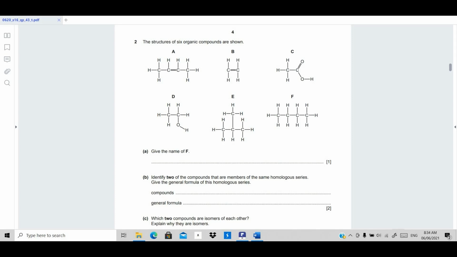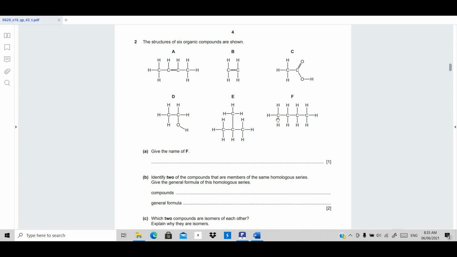Now there are 2 rules. Firstly, you should identify whether they are carbon single bonds or carbon double bonds. This will decide the ending of the name of the organic compound. If it is a single bond, it will end with "ane". If it is a double bond, it will end with "ene". The number of carbon atoms will decide the first part of the name.